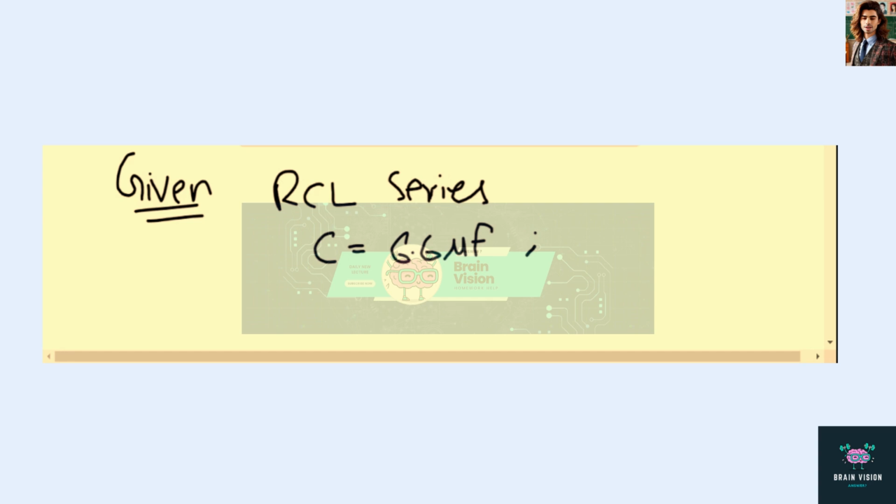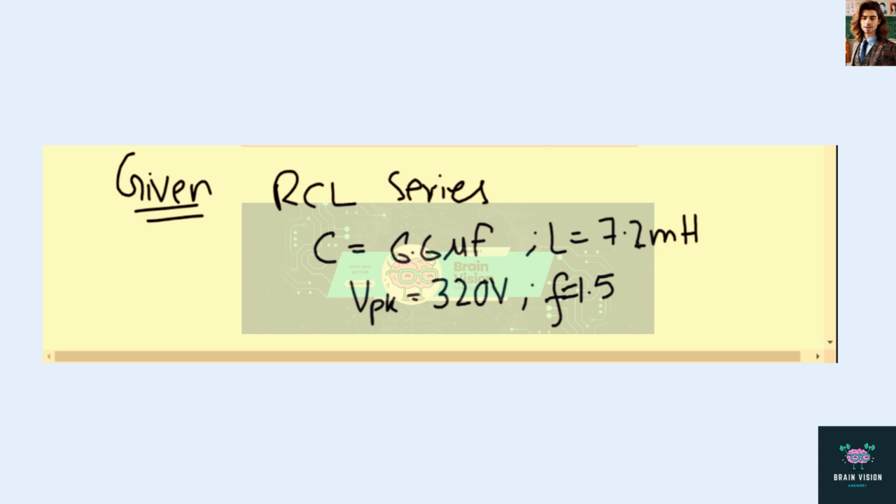The inductance of the inductor is 7.2 millihenry, and the peak voltage V peak is equal to 320 volt, and the frequency is 1.5 into 10 raised to power 3 hertz.